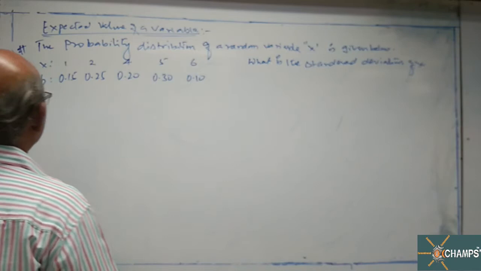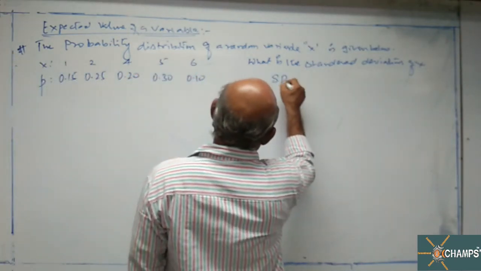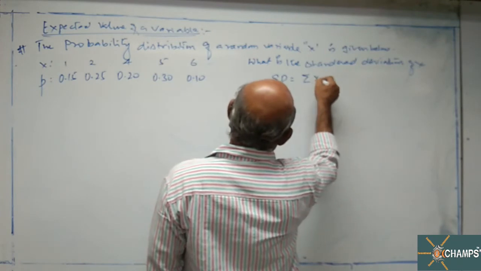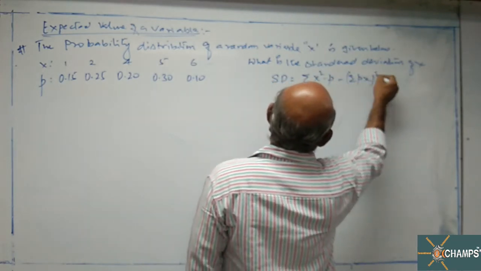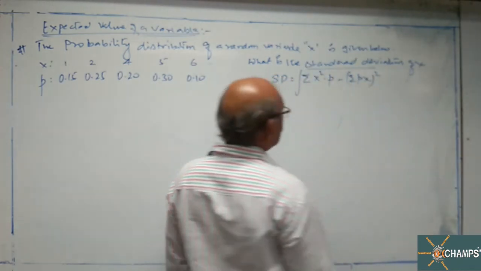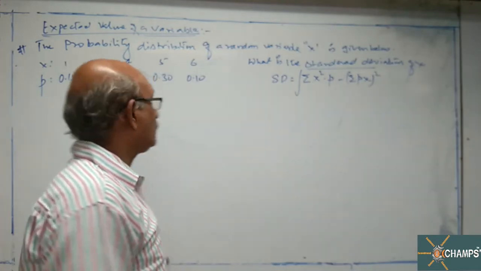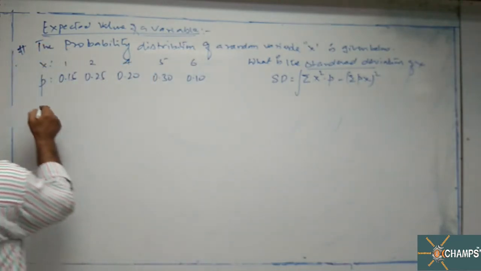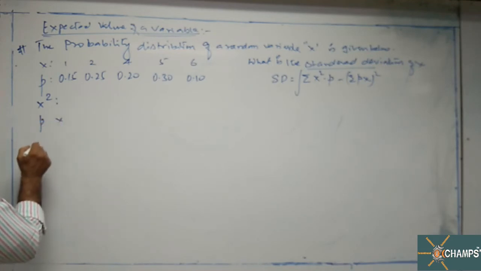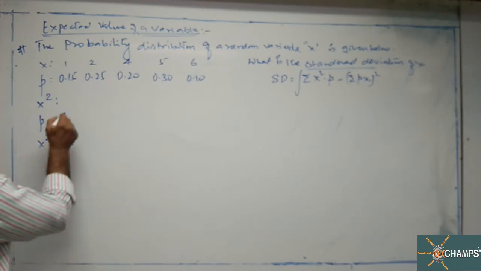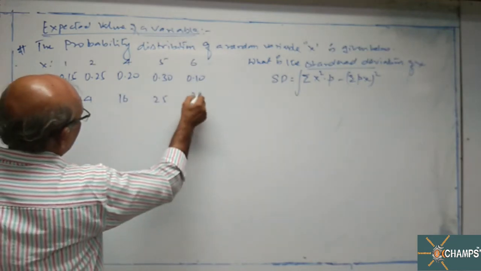Okay, sir. For calculation of standard deviation, the formula is the square root of summation of x square p minus summation of px whole square. So create one more row, x square into p: 1, 4, 16, 25, 36.